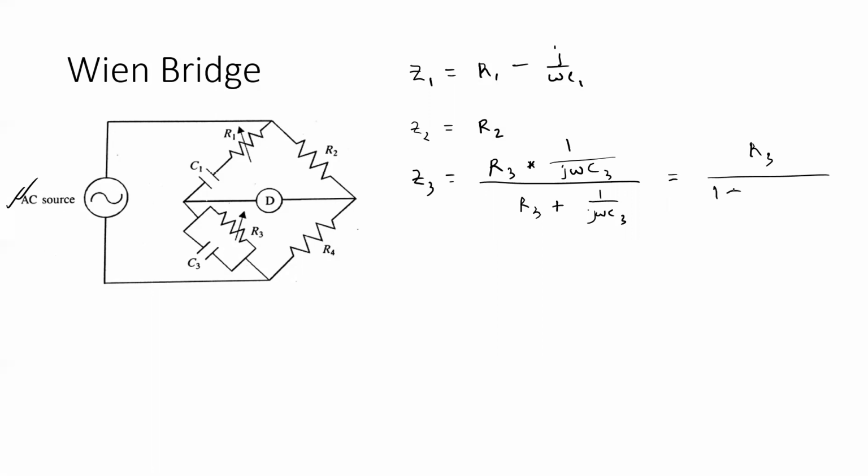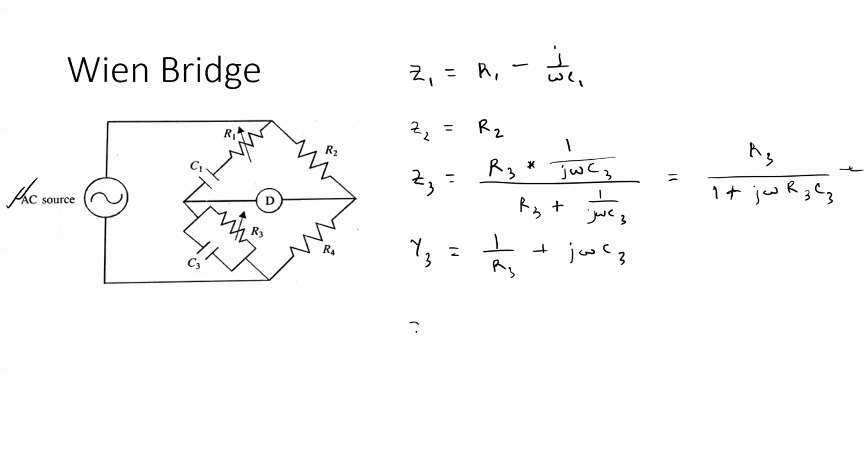Similarly to what we did in the case of the Maxwell bridge, when there was a parallel combination, we can write Z3 in this form, and correspondingly the admittance will be 1 by R3 plus j omega C3.